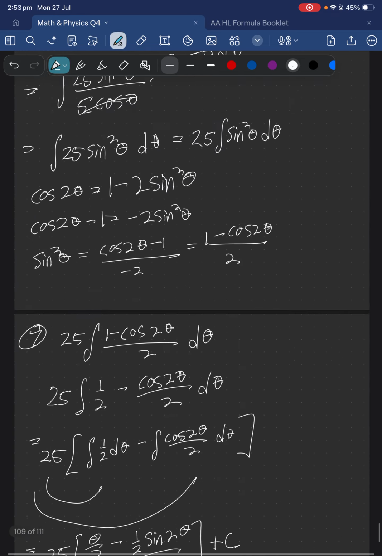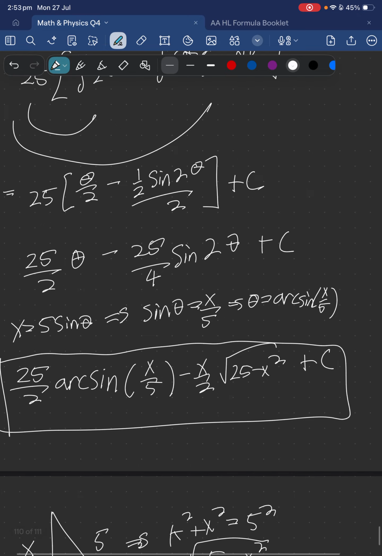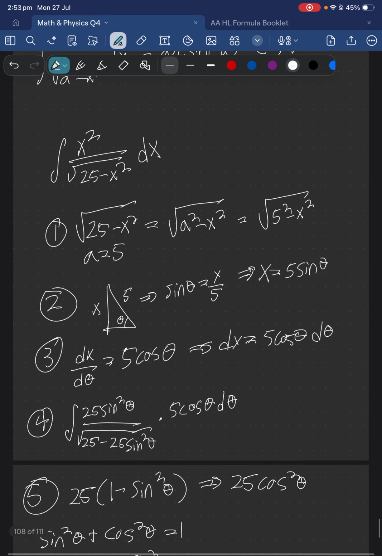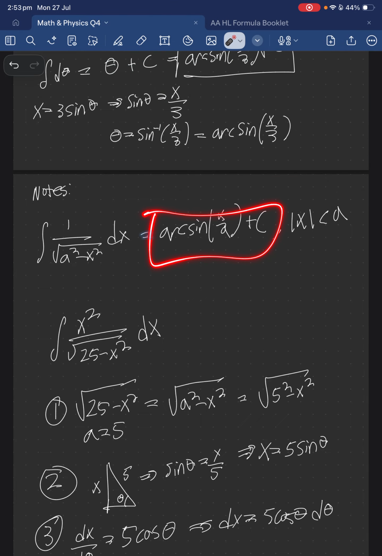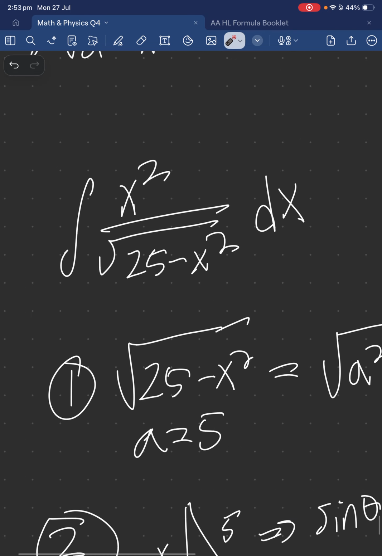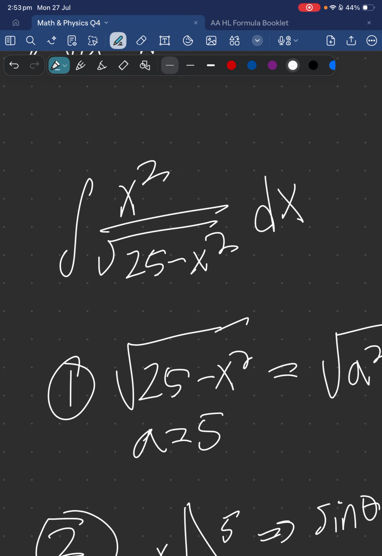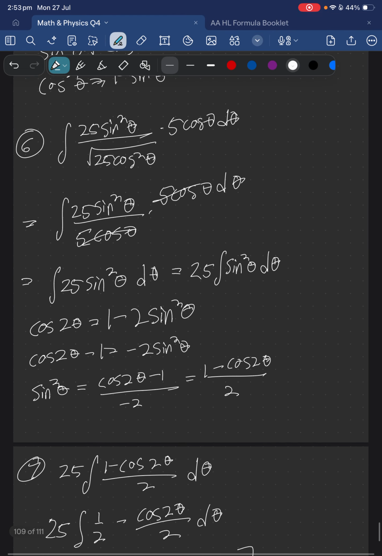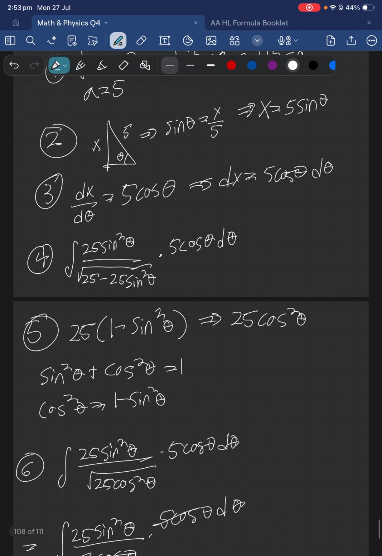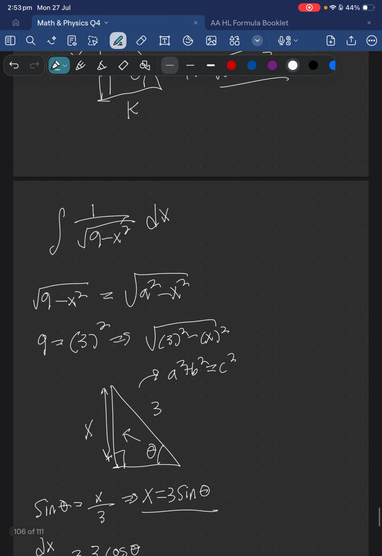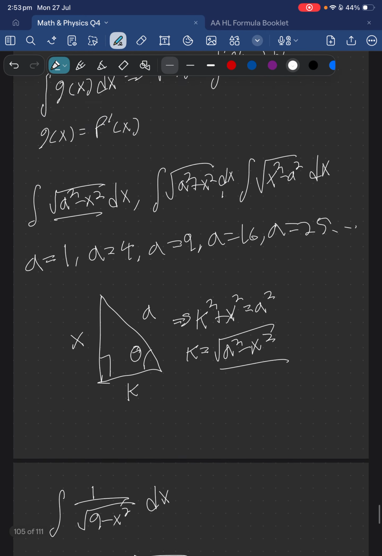And you see, the answer we have here is not in the same form as what the formula booklet shows us. And that's because, as I said earlier, we've got this additional x squared. So this practice problem we did, watch it again and again and get comfortable with it. I don't expect you to master it, but what I do expect you to understand is everything we've done up here.